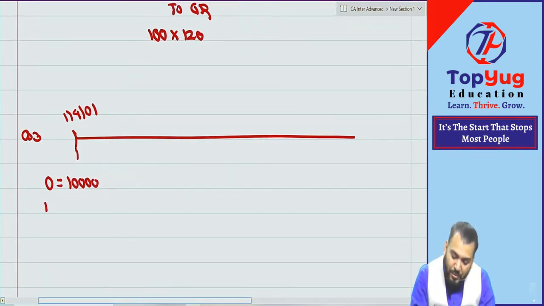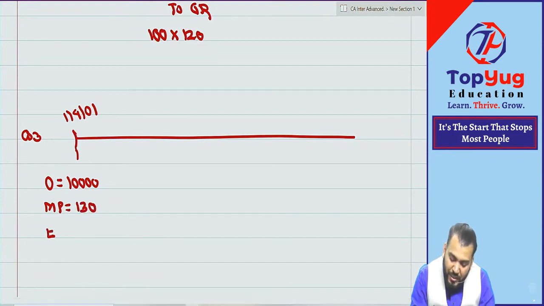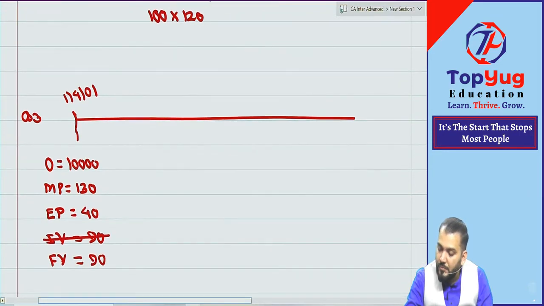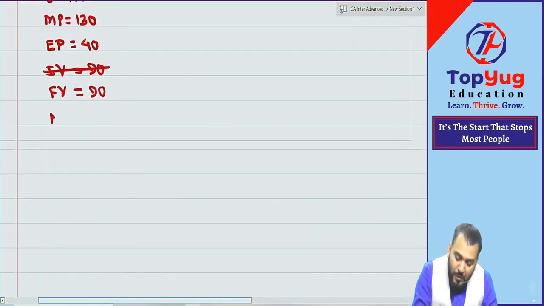What is the market price of shares? What is the exercise price? What is the intrinsic value? What is the fair value? What is nominal value? 10.